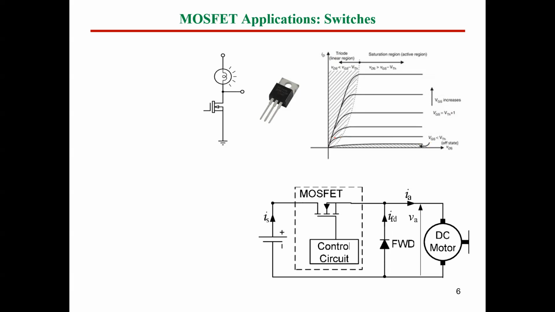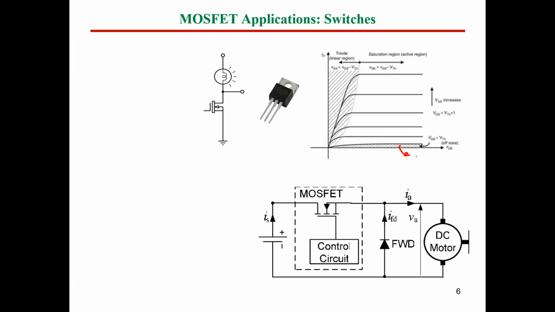If you have a look at the characteristic of our MOSFET, we said we have 3 different modes of operation. The first mode of operation, where the MOSFET would be off, is obtained if we have V gate to source less than V threshold.